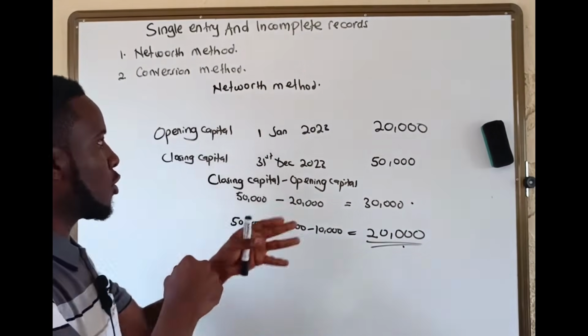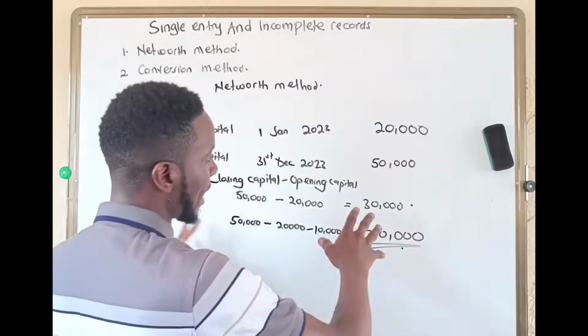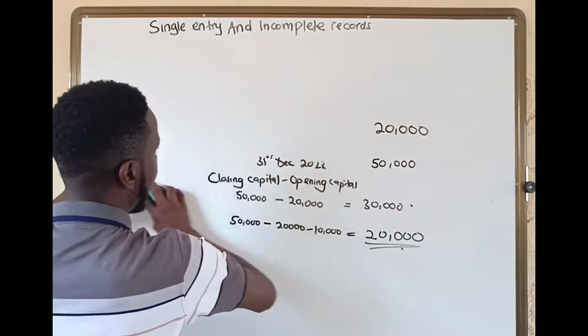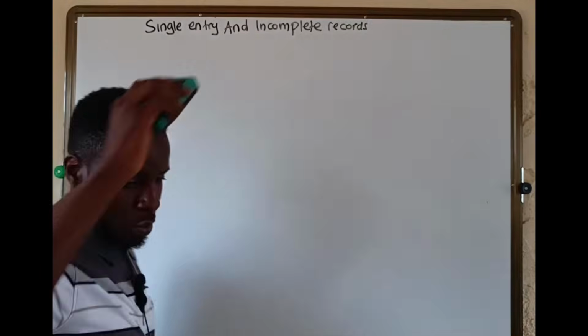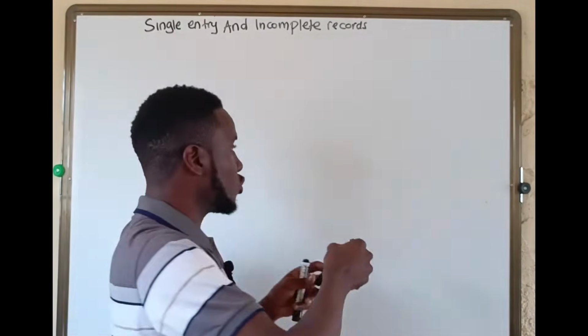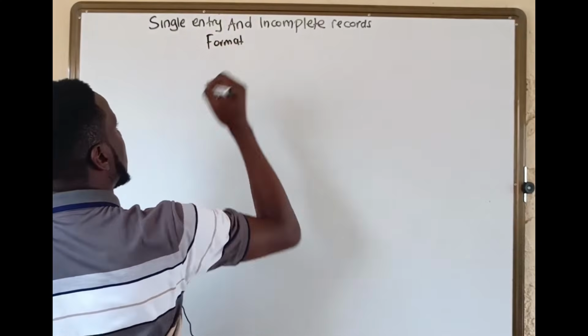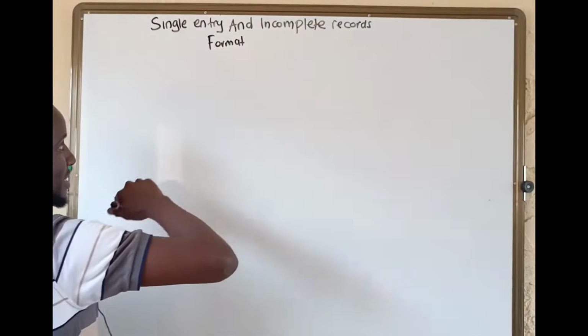So that's what we are going to look at now. I would like to take you through a format. This is just a sample, but this is the format that we are going to use for determining profit.